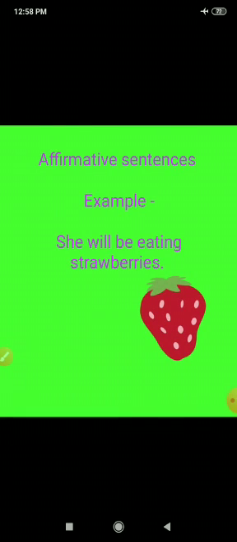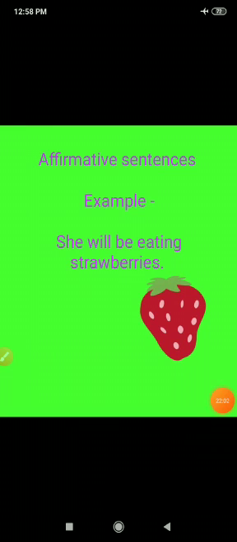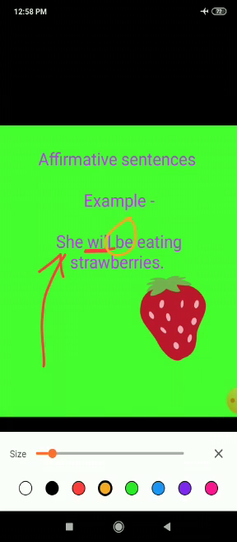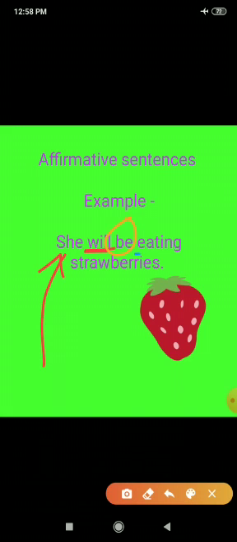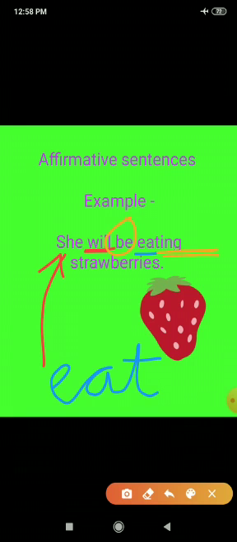An example for an affirmative sentence: She will be eating strawberries. We said a positive sentence in future continuous tense is formed by subject plus will or shall plus be plus root form of the verb, in this case it is eat, plus ending ing. She will be eating strawberries.